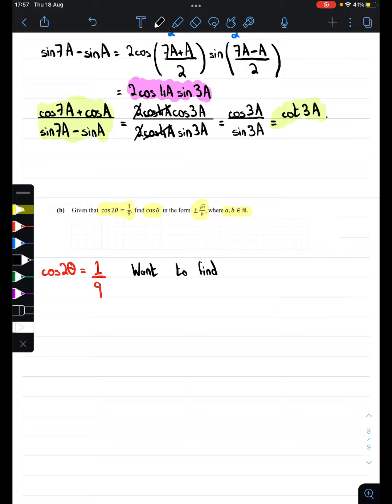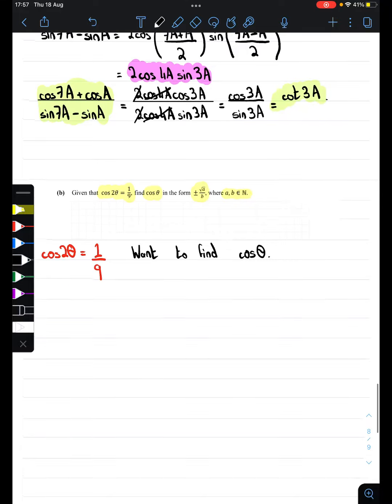So this is a little bit of a tricky one. It's hard to know where to start here. Given cosine of 2 theta, how could we find cosine of theta?